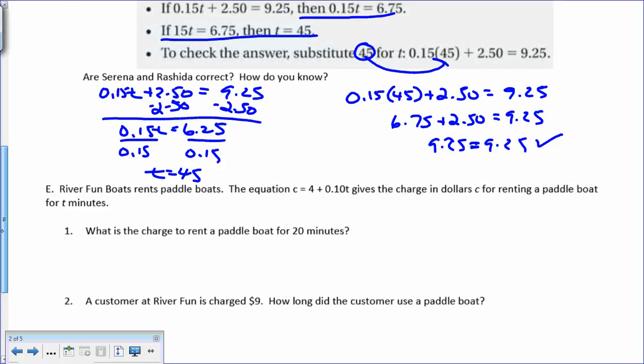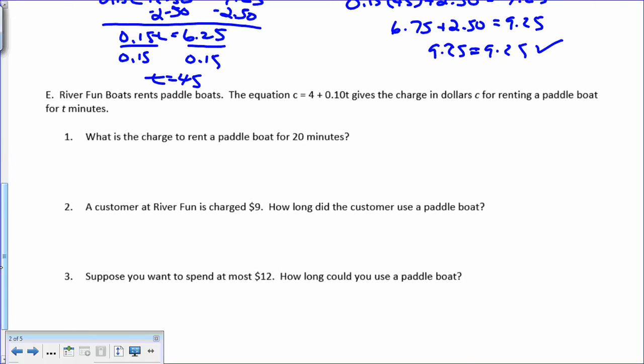Okay. So now River Fun Boats rents paddle boats for people, and they use a different equation. So 4 is, again, basically your flat fee to take the boat out, and they charge you 10 cents a minute. So there's your charge per minute. So if they wanted the boat for 20 minutes, again, minutes is dealing with T, time.